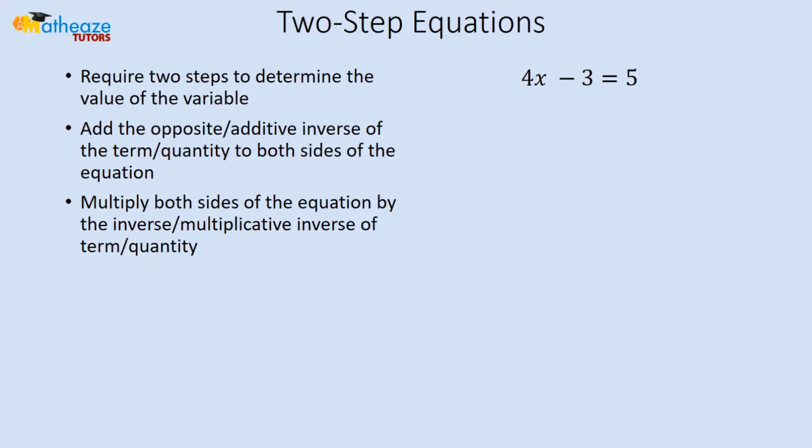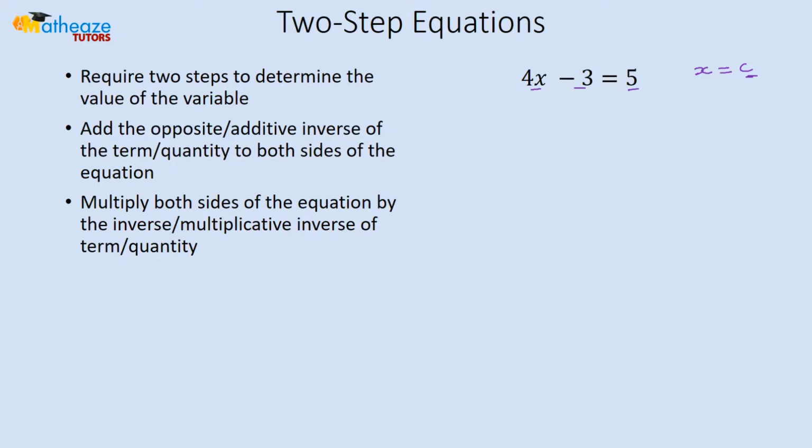So remember that our goal is to get to x equal to c, where c is a constant or a number. So the first thing we're going to do is apply the additive inverse, or we can call that the opposite of the number. So we got x here, and then we have a constant here and a constant here.